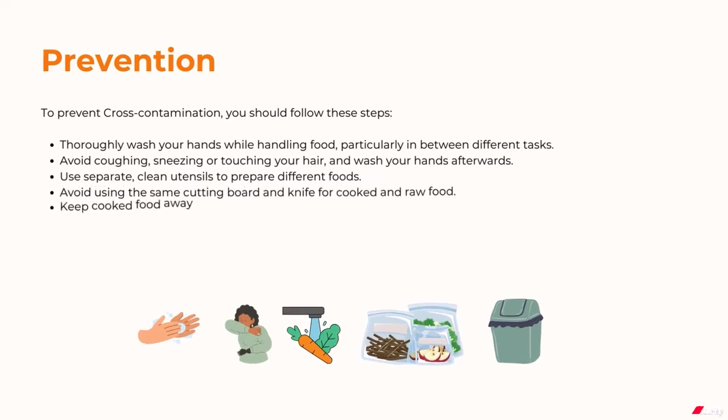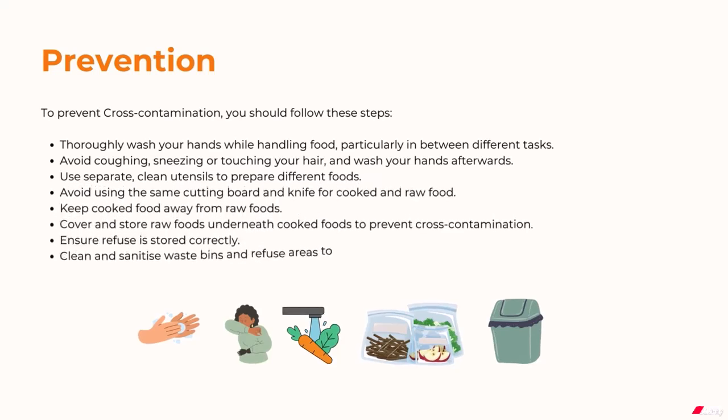Prevention. To prevent cross-contamination, you should follow these steps. Thoroughly wash your hands while handling food, particularly in between different tasks. Avoid coughing, sneezing, or touching your hair and wash your hands afterwards. Use separate, clean utensils to prepare different foods.